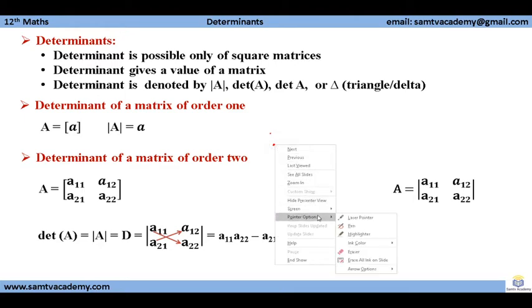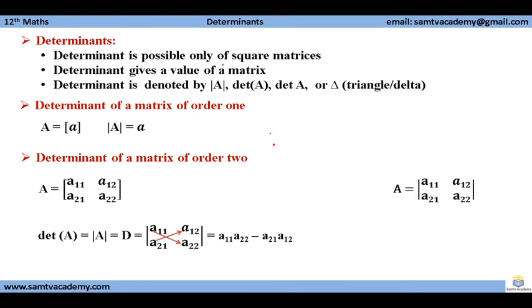The determinant is denoted by a letter. If we take A enclosed within two vertical lines, we can denote the determinant like this, or also det in bracket A, or simply det A, and by this triangle shape, which is called delta.